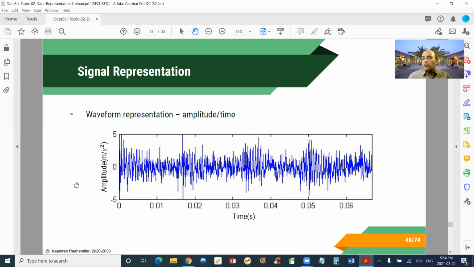The amplitude could potentially be the velocity, meter per square second. The amplitude could potentially be displacement. The amplitude could be the volume of a voice. When you are listening to music, the volume of the voice could potentially be your amplitude. We call it amplitude to generalize that vertical axis.